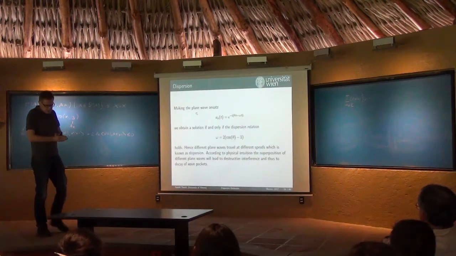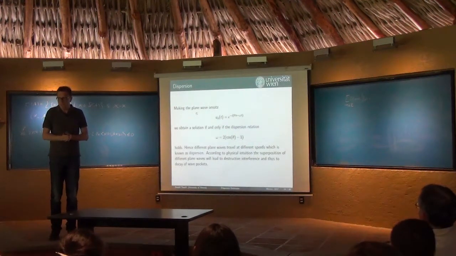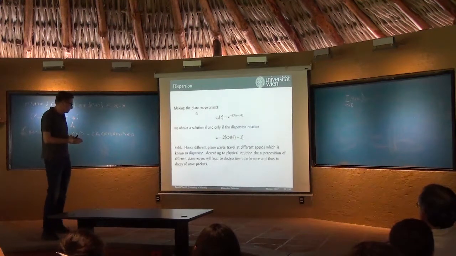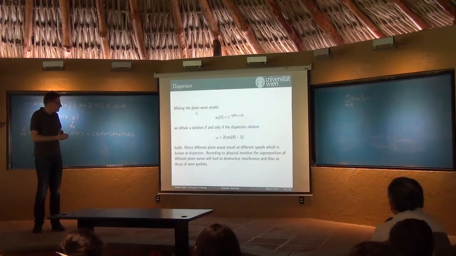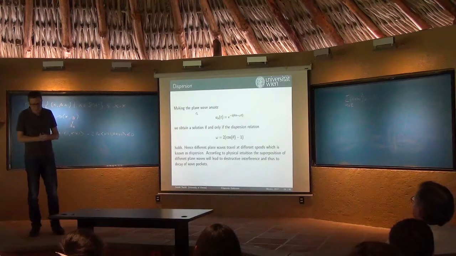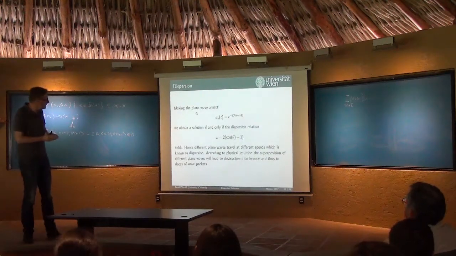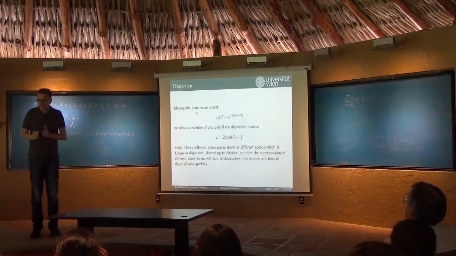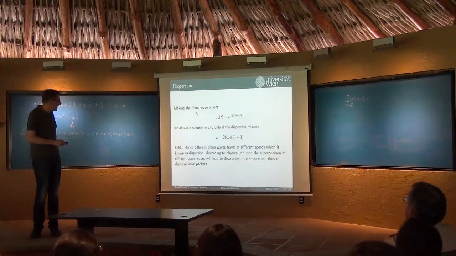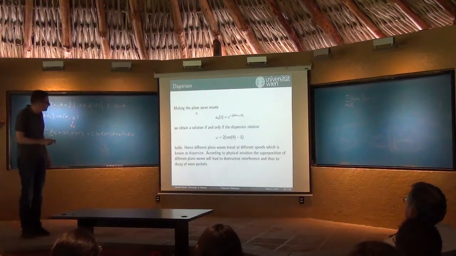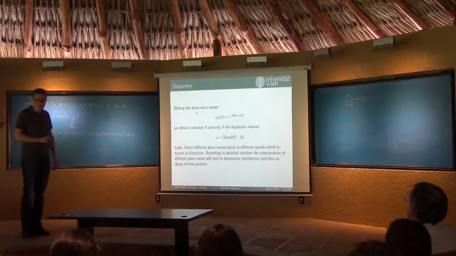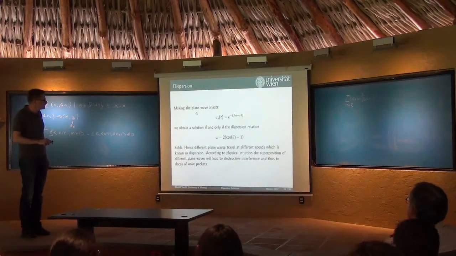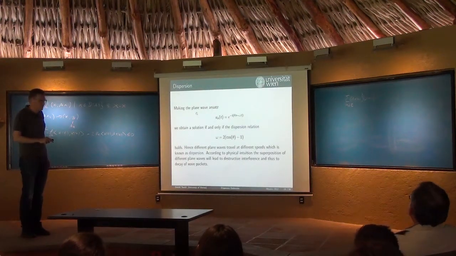Okay, so now let me explain what I mean by dispersion. Typically, if you ask physicists, they will tell you, well, dispersion in a linear equation means you have plane waves, you make your ansatz with this plane wave right here, plug it into the equation, and then you get a relation between these two parameters, theta and omega.